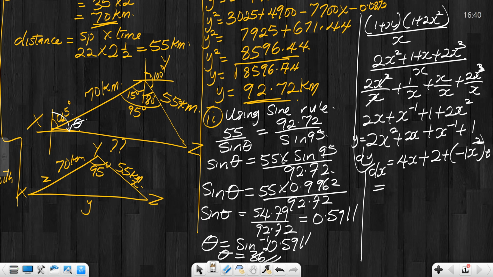So this gives me 4x plus 2 minus x raised to power minus 2. So that is the final answer to this. Am I right? Yes, that is the final answer.